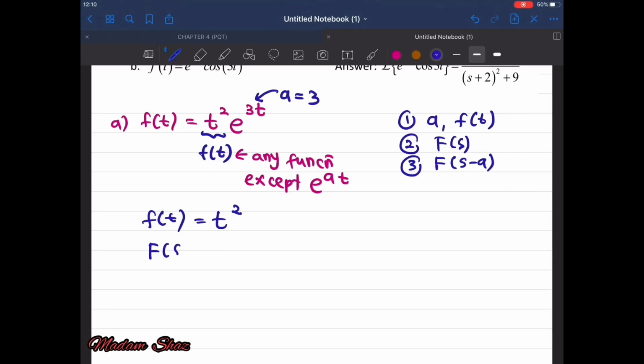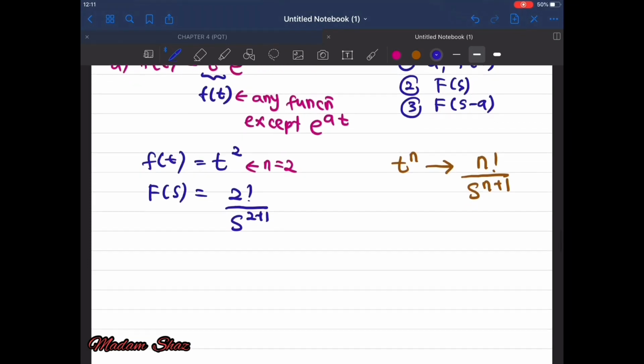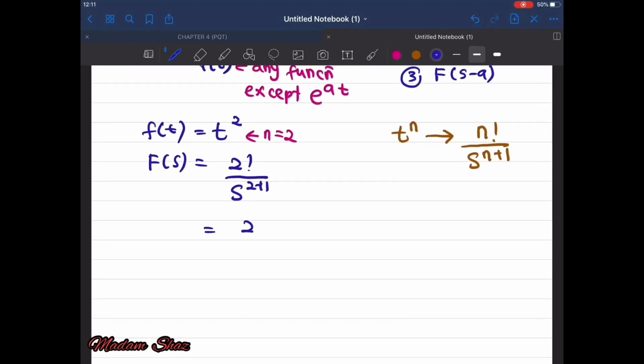So F(s), whereby the Laplace transform by referring to the table, t to the power of n is n factorial over s to the power of n plus 1. Based on our Laplace transform here, our n is equal to 2, so n factorial will become 2 factorial over s to the power of 2 plus 1. So 2 plus 1 will become 3. So 2 over s to the power of 3.